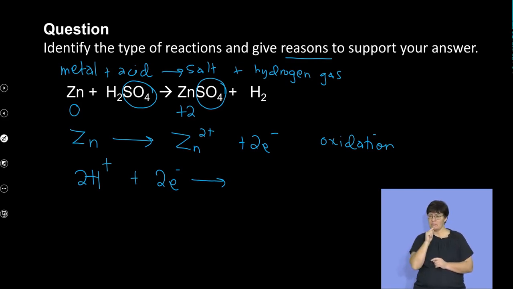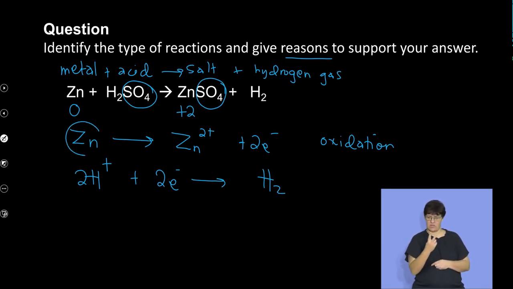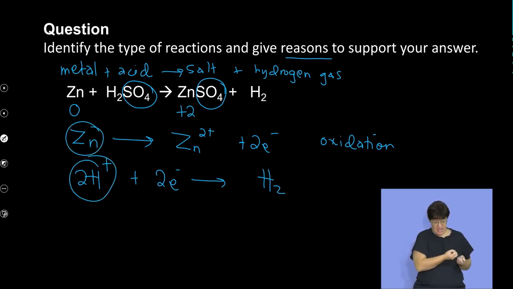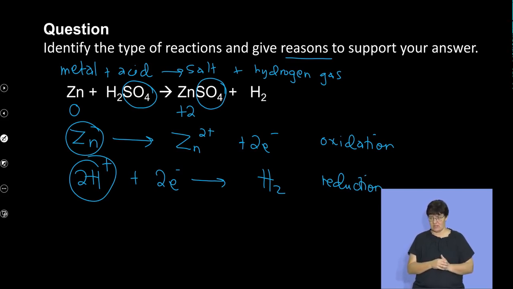What does that give us? It gives us H2. Now, there is a transfer of electrons from zinc to hydrogen ions, right? So this is a reduction half reaction. Definitely, once we have oxidation and reduction, this gives us a redox reaction.